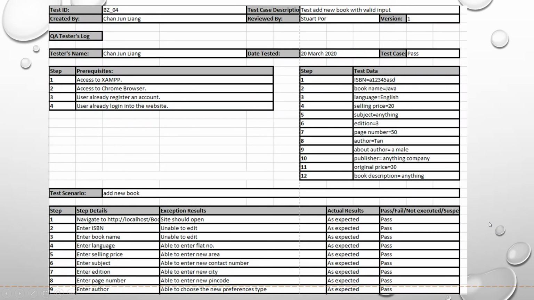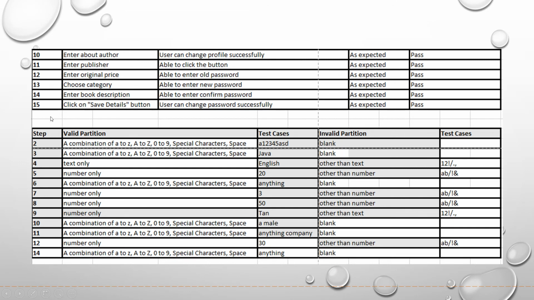And this is the test case of add new book. 4 prerequisites, 12 test data, and created by Jun Liang, reviewed by Stuart Por. And you can see all the steps are passed. This test case has 15 steps, and this is the valid data for the test case, and this is the invalid data.